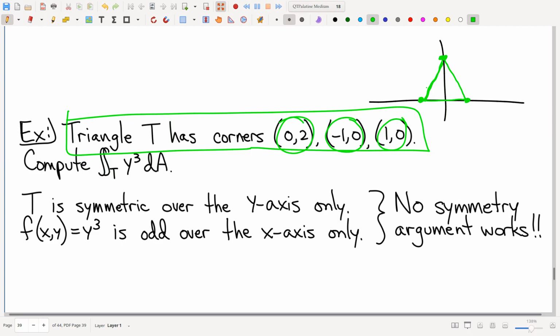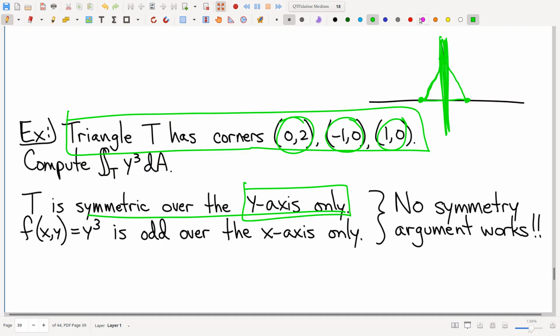It doesn't work. And tragically, if a student were to make a symmetry argument here, nothing they write is relevant to the solution to this problem. The reason is that if you look at the domain here, this domain is symmetric, but only over the y-axis. Very much only over the y-axis.